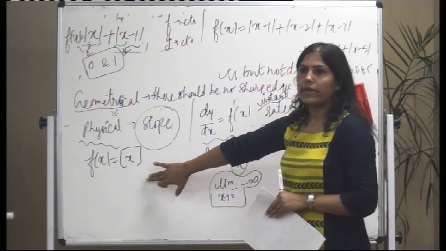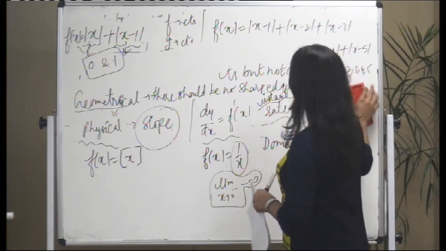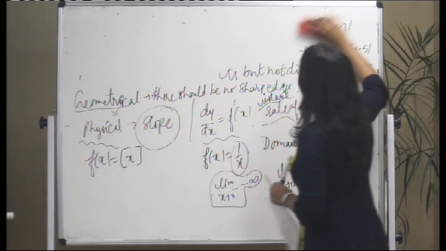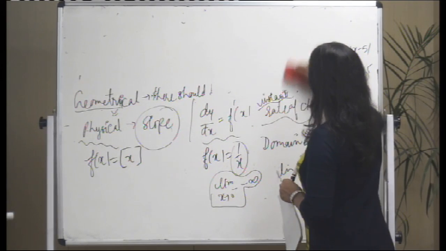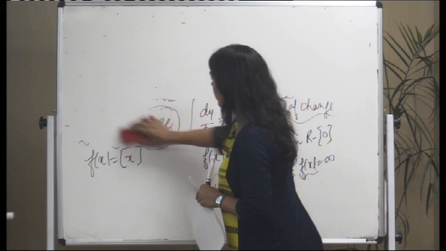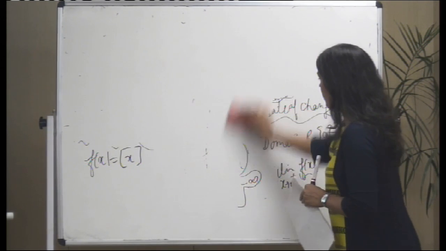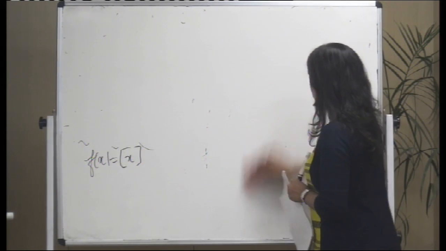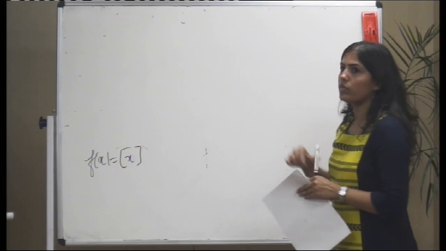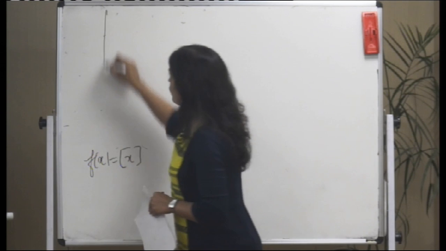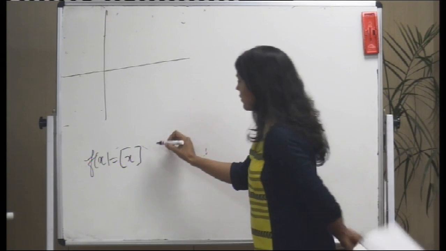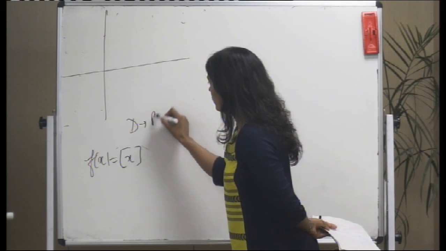Okay, now for the greatest integer function, tell me its domain and range. Then I'll discuss its differentiability and continuity. The graph, I hope all of you know. The domain is real. Then the range is?